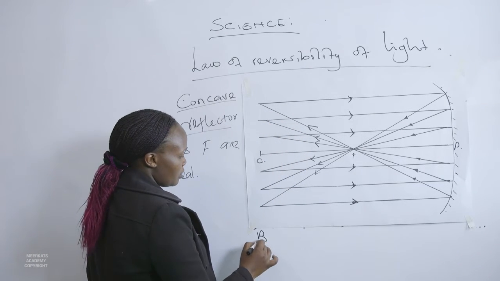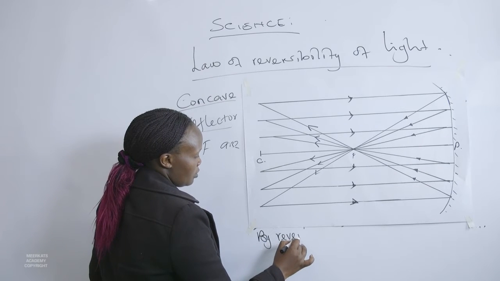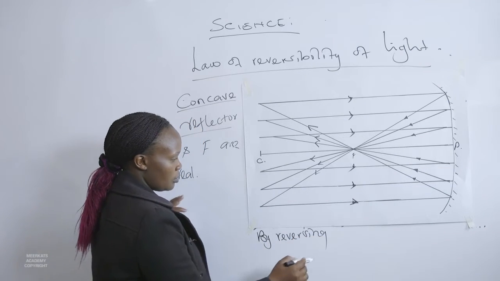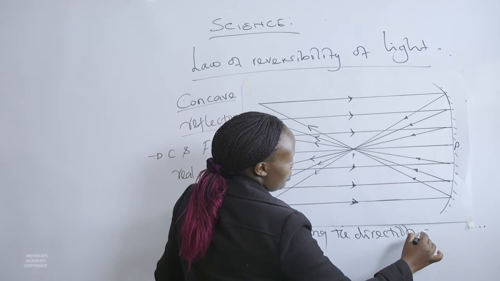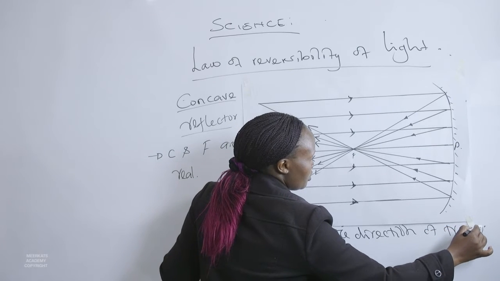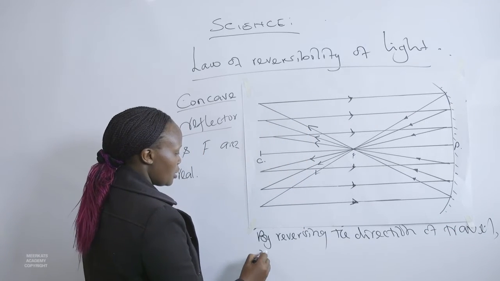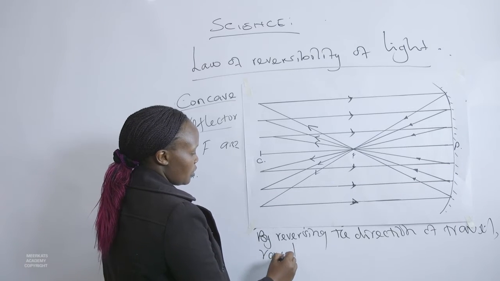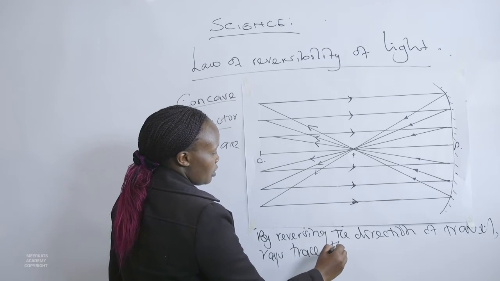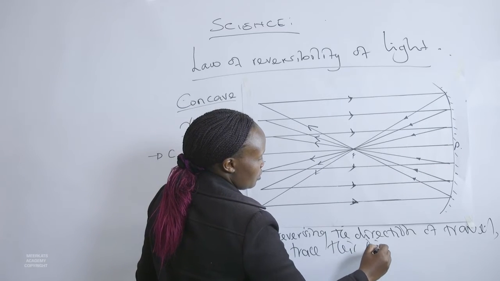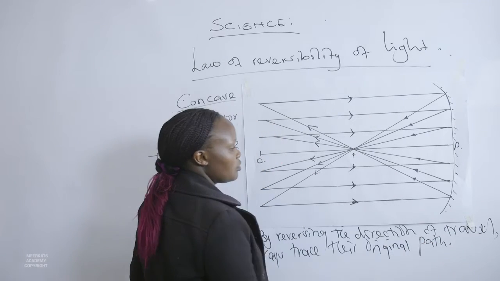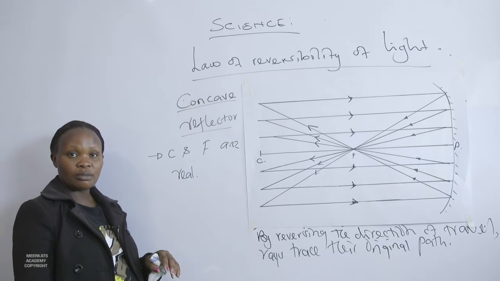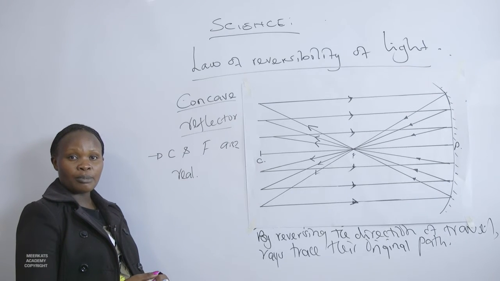By reversing the direction of travel, rays trace their original path, and that implies that the path of light is reversible.